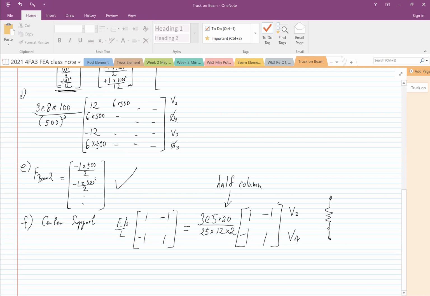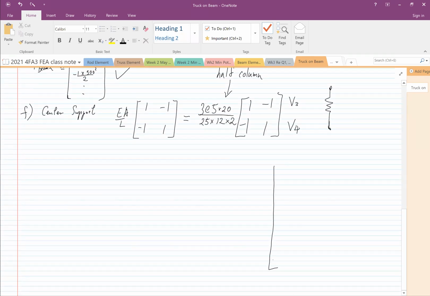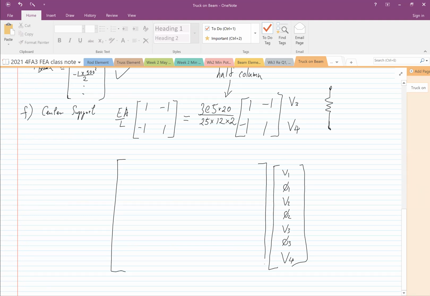When I assemble the global matrix, I like to start with the displacement vector. When I join everything together: V1, phi 1, V2, phi 2. This is being shared by 2 beam elements. Then V3, and then we have V4. It's a 7 by 7 matrix, so I want it bigger. Voila.